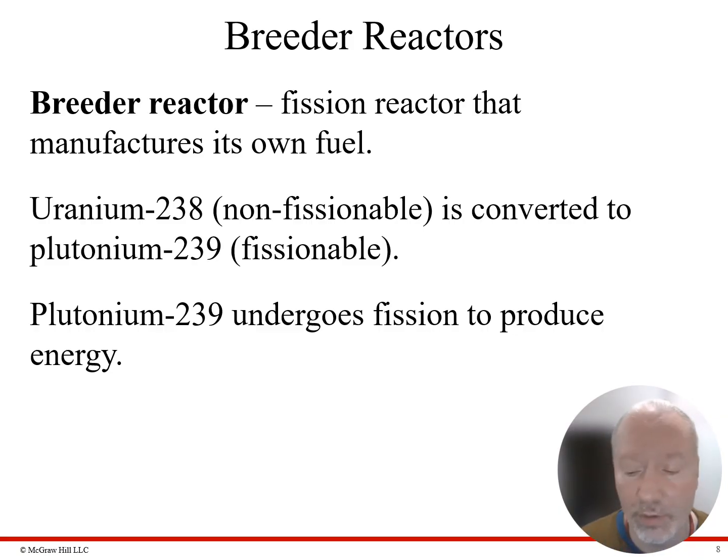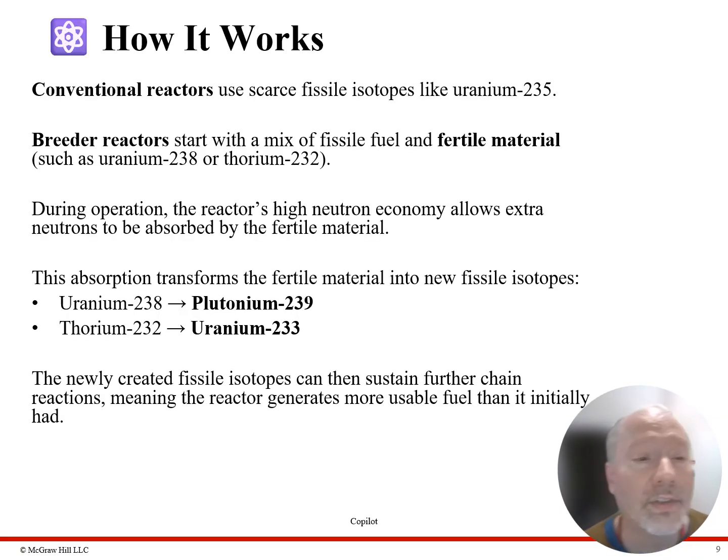So there's lots and lots to nuclear chemistry. Conventional reactors use scarce fissile isotopes like uranium-235. Breeder reactors start with a mix of fissile fuel and fertile material, such as uranium-238 and thorium-232. During operation, the reactor's high neutron content allows extra neutrons to be absorbed by this material, which makes it more active and able to then become fissionable, meaning it'll be able to break apart into smaller pieces.